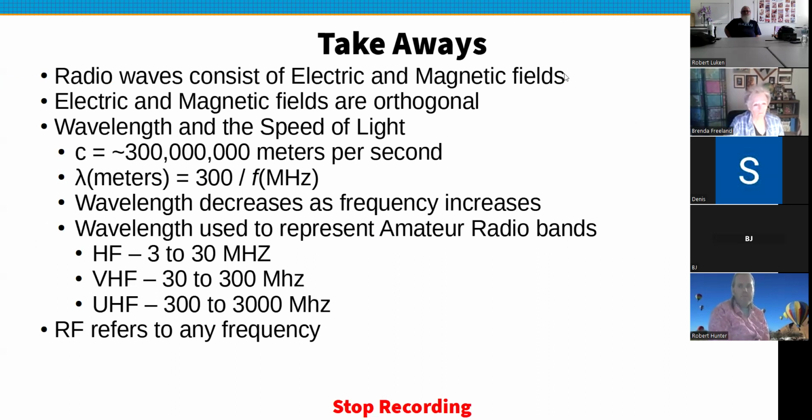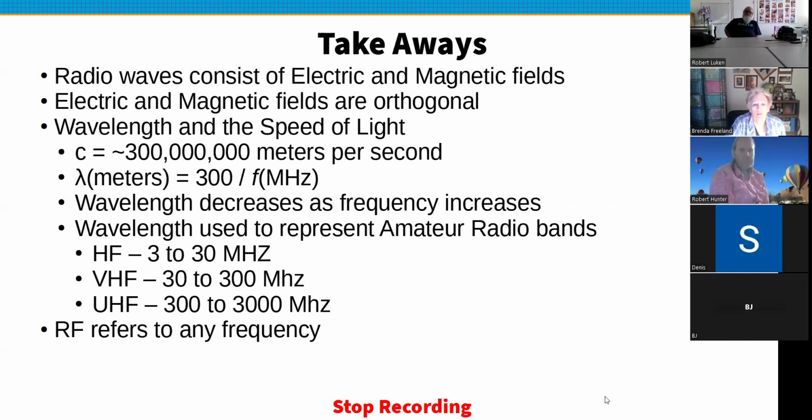Okay, so what all did we learn? That radio waves consist of electric and magnetic fields. Those fields are orthogonal. They're always at right angles. We'll assume that for now. I think actually you can have some phase difference, but that's way beyond what we're going to talk about.